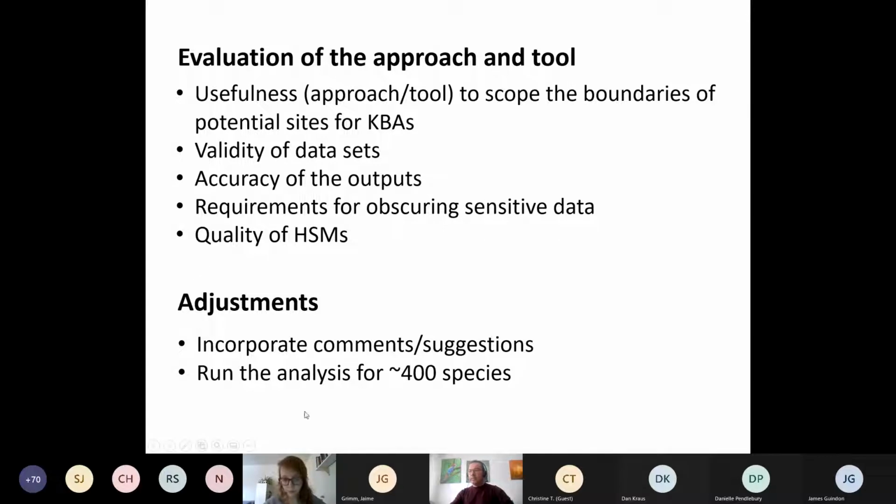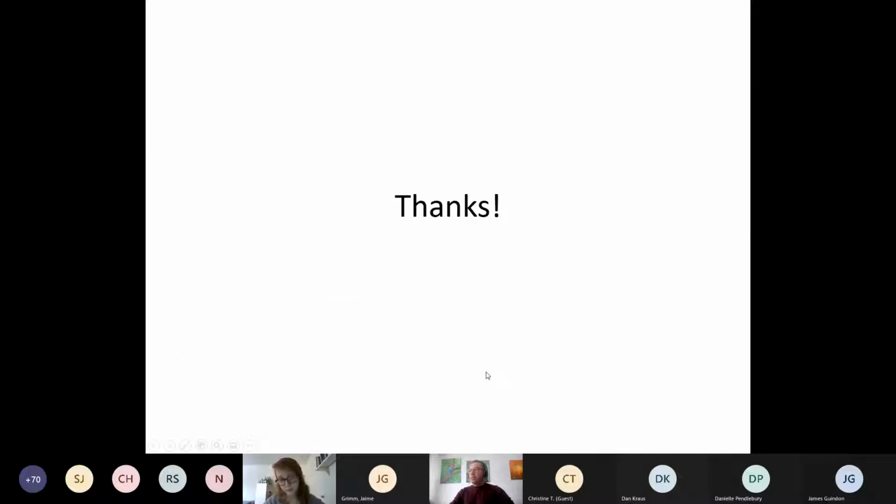So we are going to make some adjustments here, incorporating the comments and suggestions, and we are going to run the analysis for 400 species to have this tool available for experts in order to complement with different approaches on this process of identifying key biodiversity areas in Canada. That's all I have. Thank you so much. Happy to answer questions.